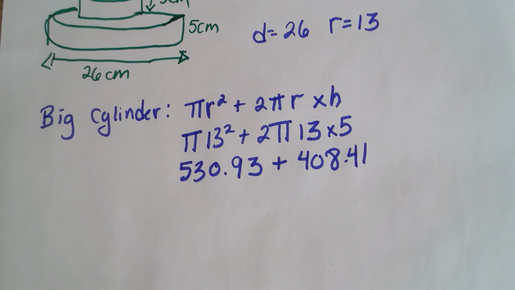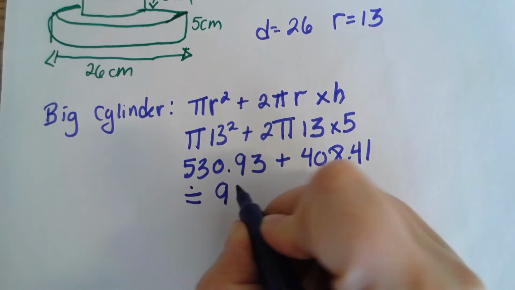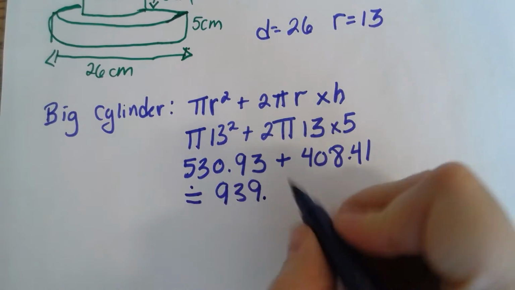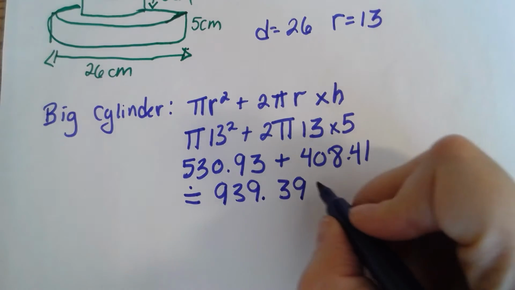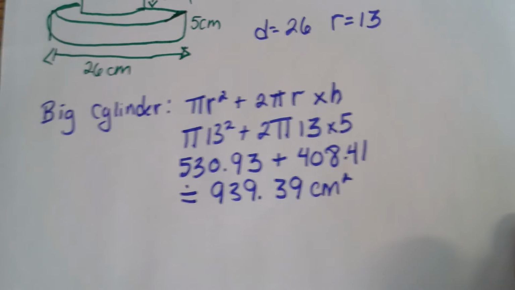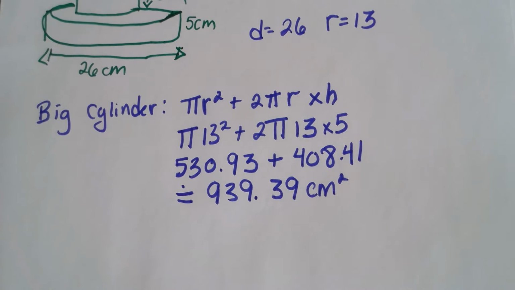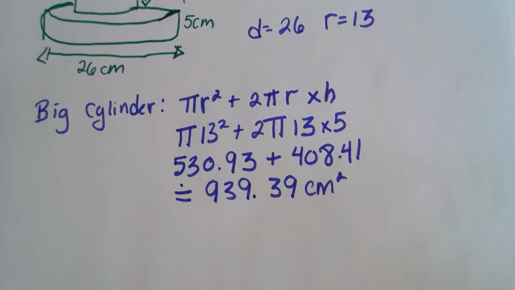Again, I rounded them to be 2 decimal places, and we are going to add these 2 numbers together to get the surface area of our larger piece. So it is approximately 939.39 centimeters squared. The reason I'm saying approximately is because when we're dealing with pi and we're rounding, our numbers can vary a little bit. It'll vary if you use 3.14 or if you use the pi button on your calculator.